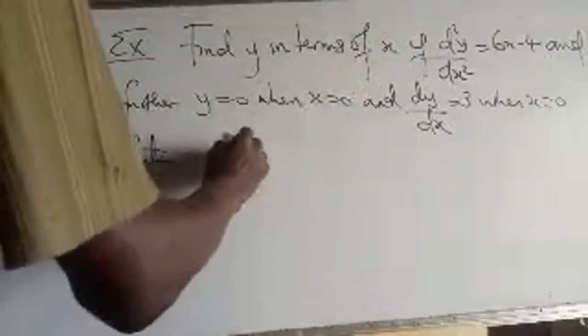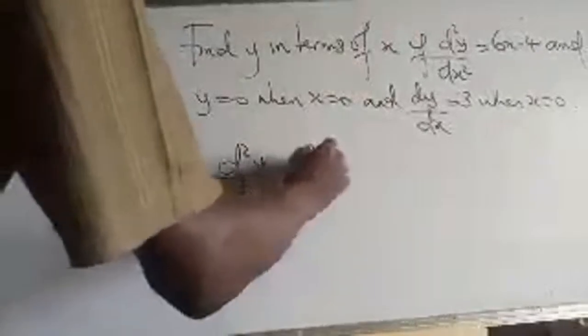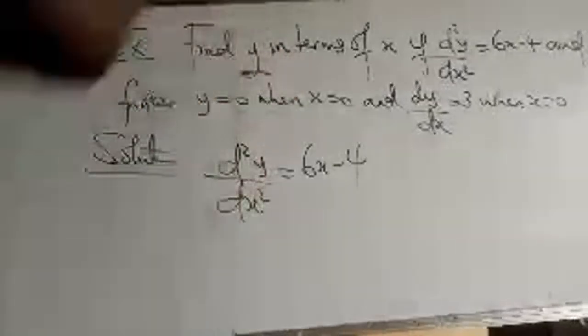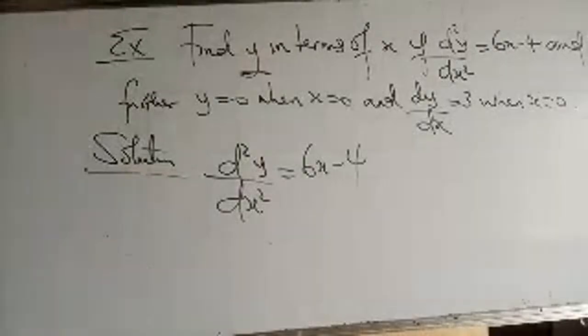So we have d squared y over dx squared is equal to 6x minus 4. Remember, the question says we should find y, and we have the second derivative of y. So what we need to do here is, let's cross multiply first, or better still, there are two approaches.